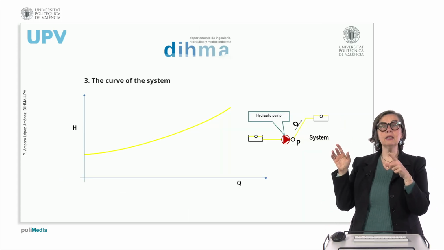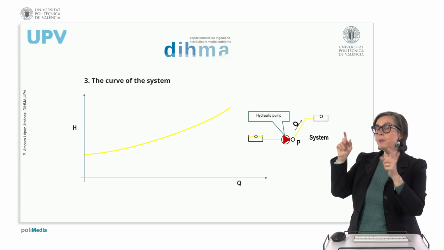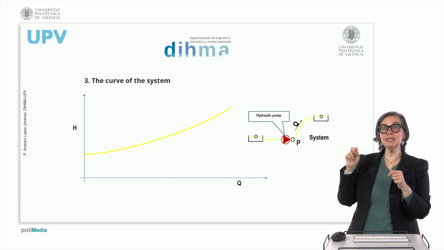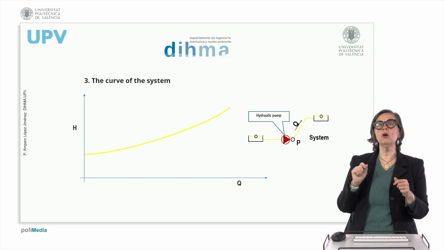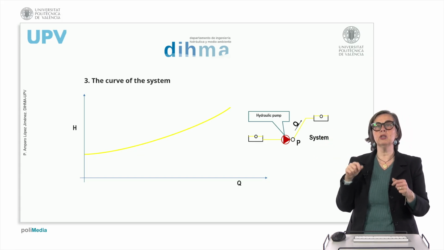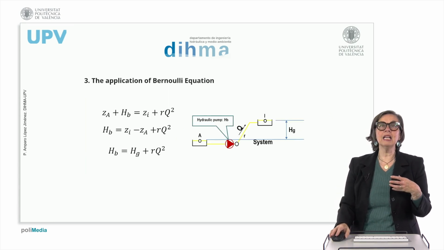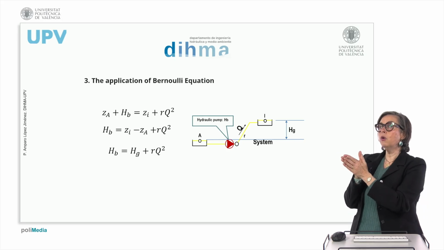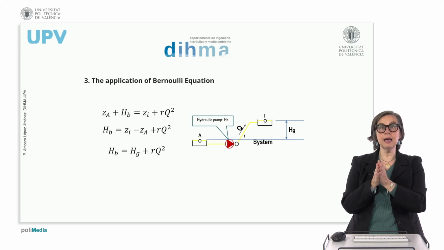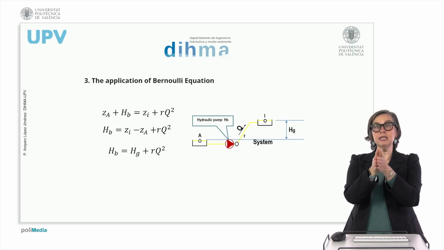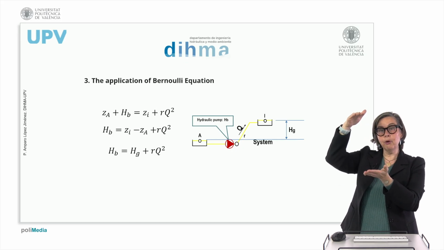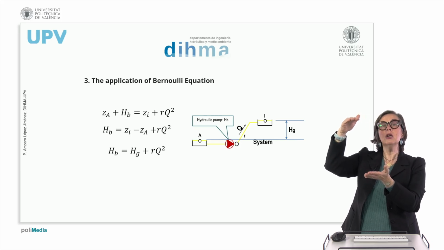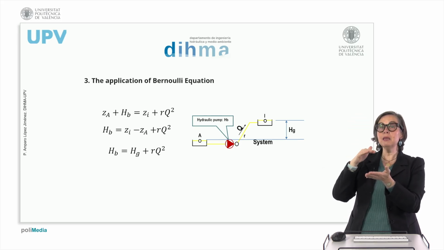On the other side, we have the system represented by the resistance curve of the system, which for more flow requires more pressure because we have losses across the system. So the achievement of Bernoulli's law says that the energy needed for the system to go to higher points with higher pressure must be given by the pump.